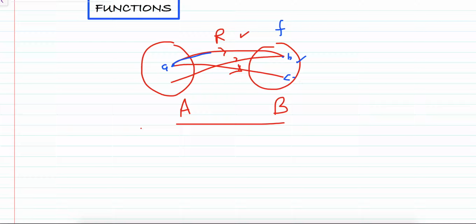Although this is a relation, this is not a function. From every element there can be only one outgoing arrow to the second set. Then only we can say that it's a function, and this was our first condition.